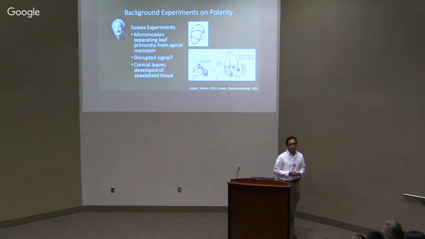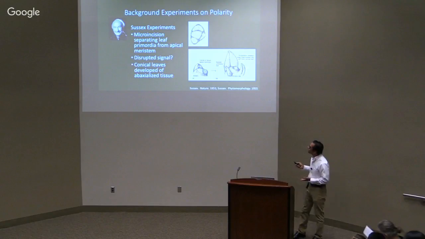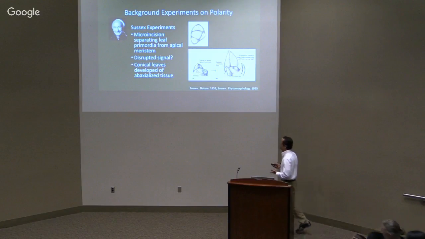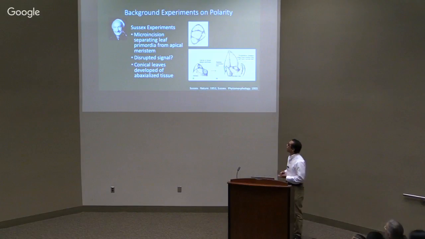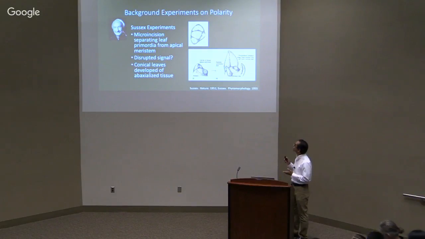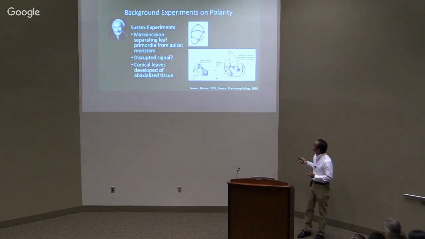As far as the background experiments that were conducted so far, back in the 50s, Dr. Ian Sussex conducted some experiments on leaf polarity, and he hypothesized that there was a signal that developed from the apical meristem to the leaf primordia that developed this polarity. What he did was conduct a microincision that separated those two portions to see what would happen. The incision, you can see, is right here.